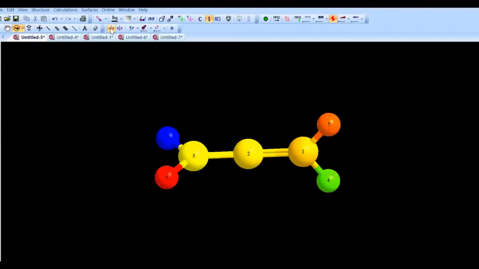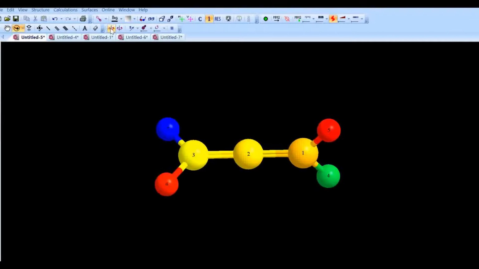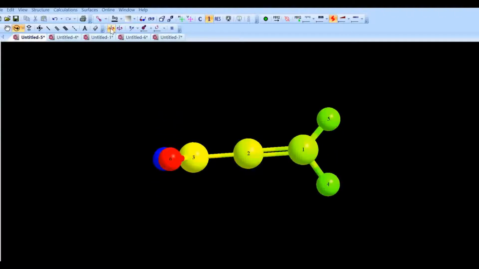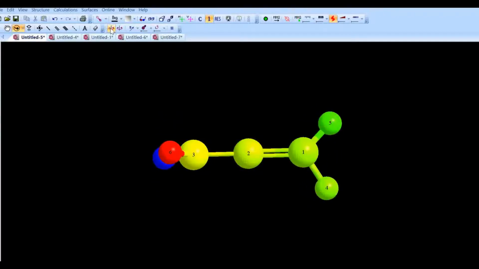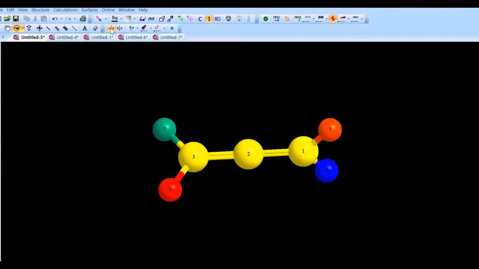Just take a look at the change in the color. See, now what has happened? Just give me one moment so that I will be able to show you the colors in much better way. See, approximately you will see that atom number 6 and 5 are red, whereas 7 and 4 are blue.